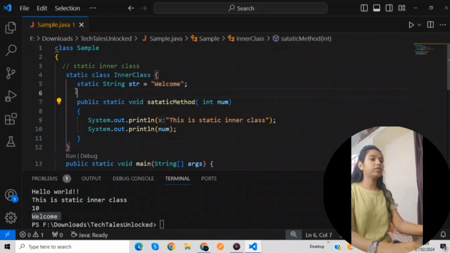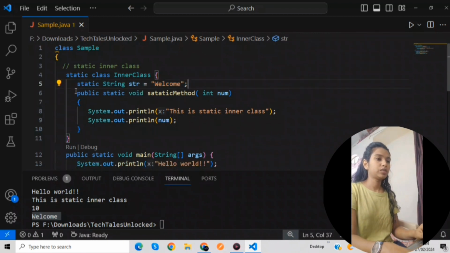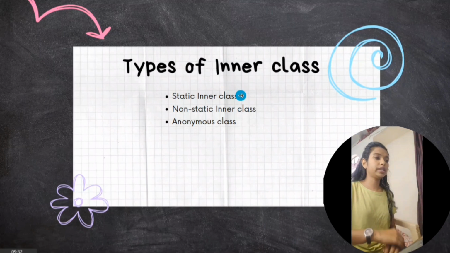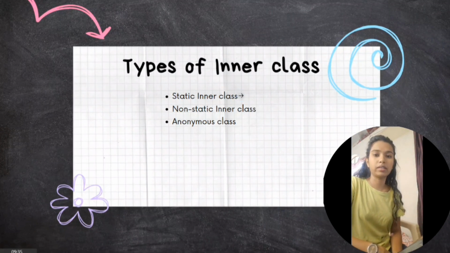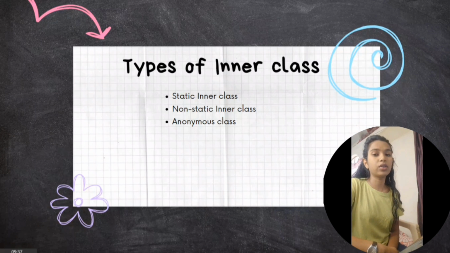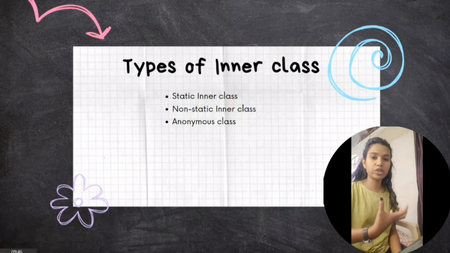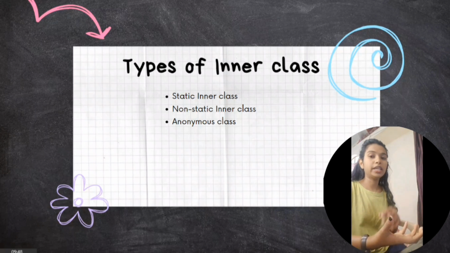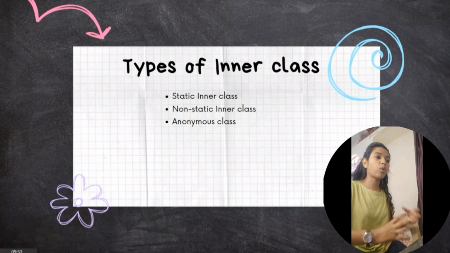Then we have the non-static inner class. So the non-static inner class is also the same as a static inner class. You can define it inside your class, but the thing is, when you want to access the members of your non-static inner class, you need to create an object of your outer class, and then by using that object, you can create an object of your non-static class, and then you can access the data members or variables of your non-static inner class.